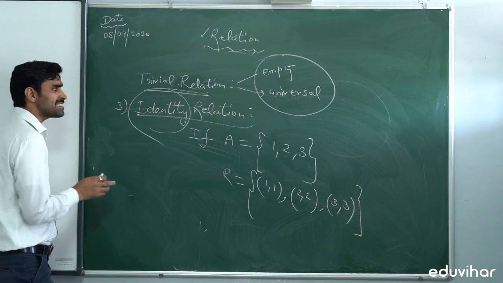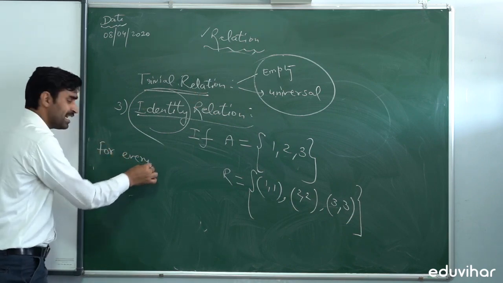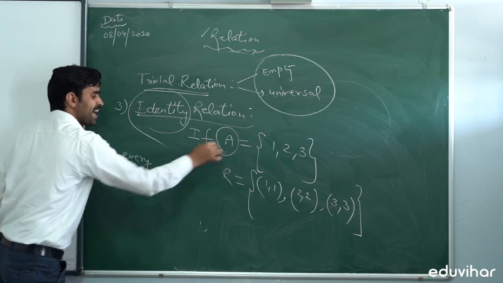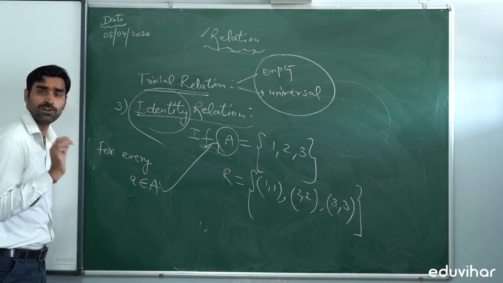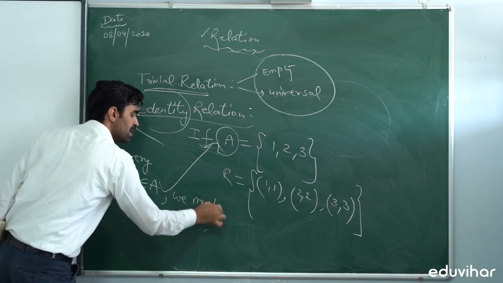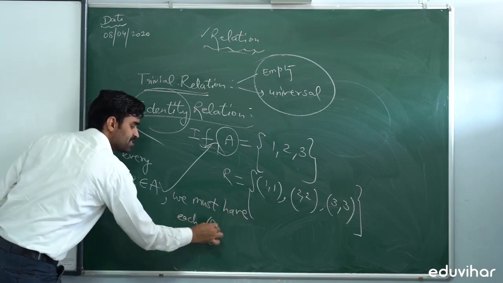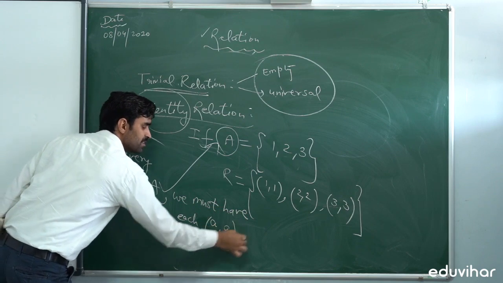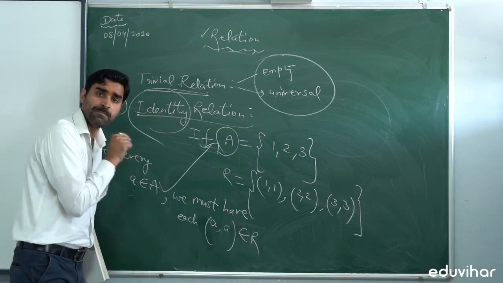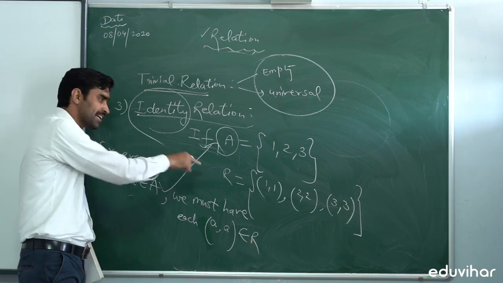That is, for every element which belongs to the given set A, we must have each element as domain and the same as range in the relation, and this is the only mapping which exists in the given relation.